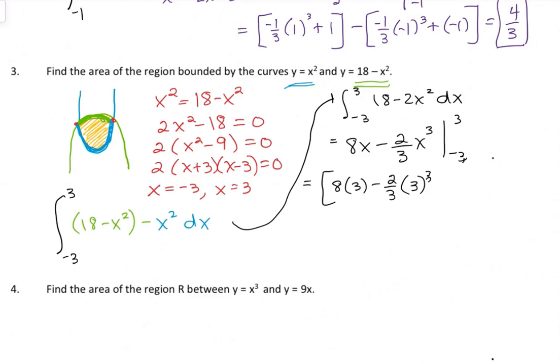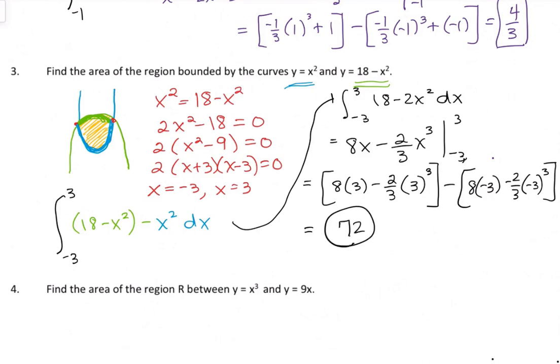That's an ugly 3, let me fix that. Subtract from that what I get when I plug in a -3 everywhere I see an x. And now again, the arithmetic I've already kind of done on the side, and you end up then with an overall area of 72. So again, check my arithmetic.